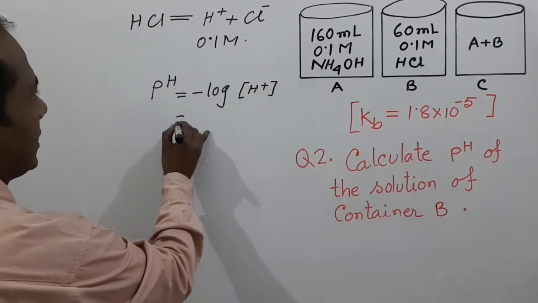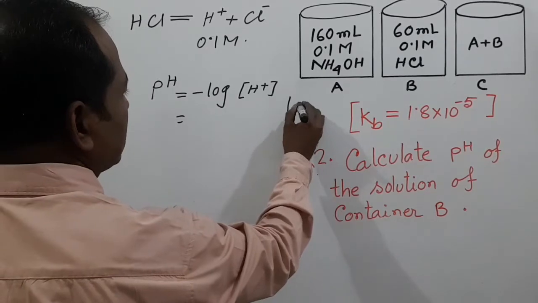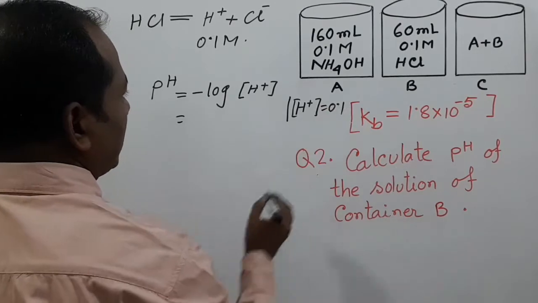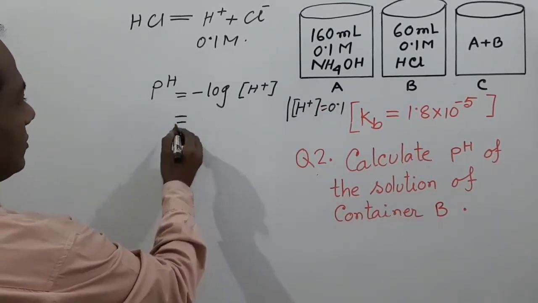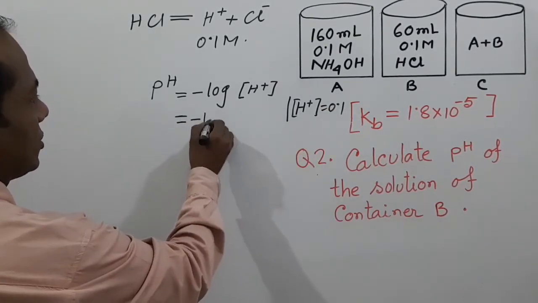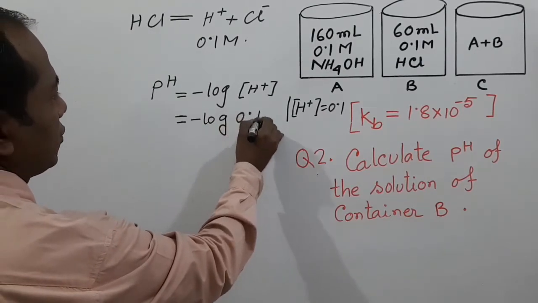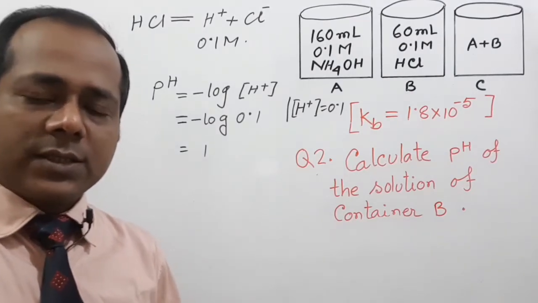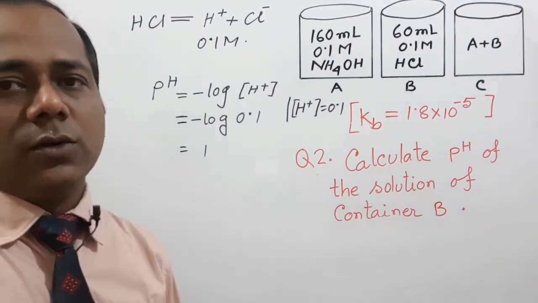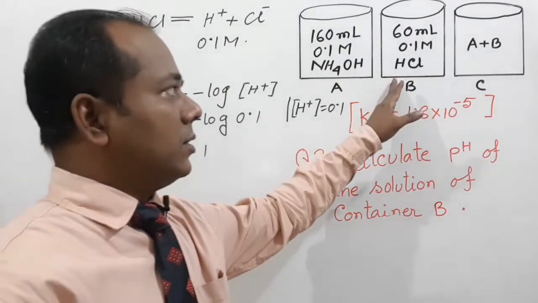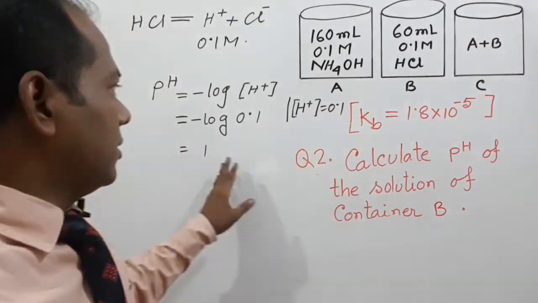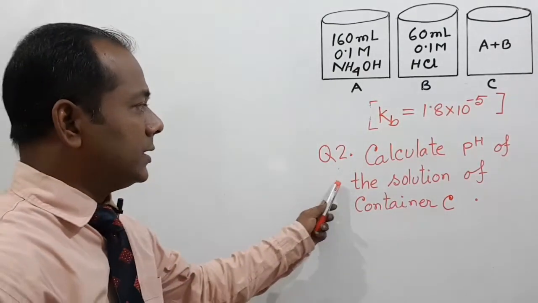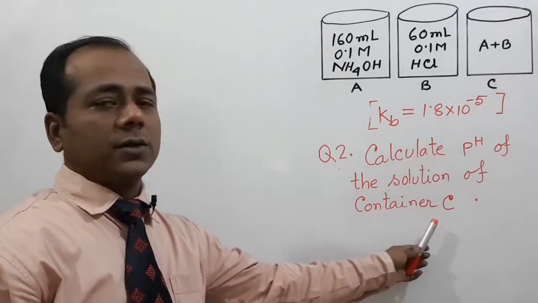So here, minus log of 0.1 is 1. So we can say that the pH value of the container B solution, that is HCl, is 1. Now our next question is: calculate the pH of the solution of container C.